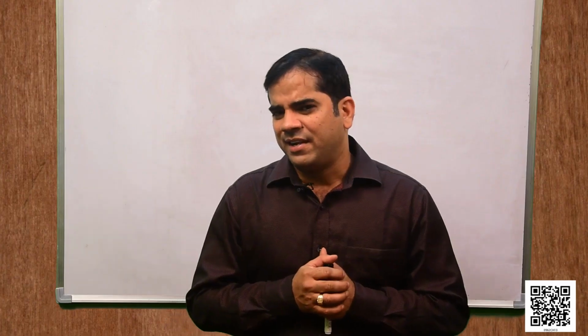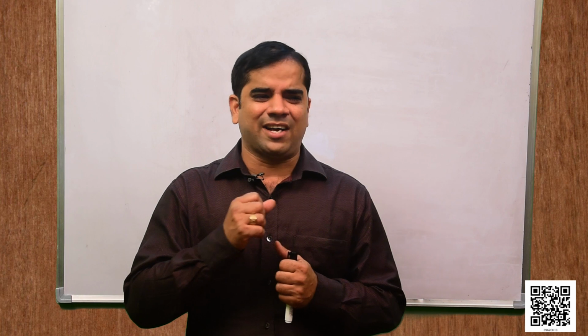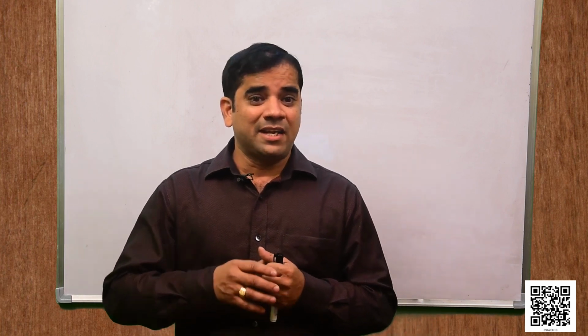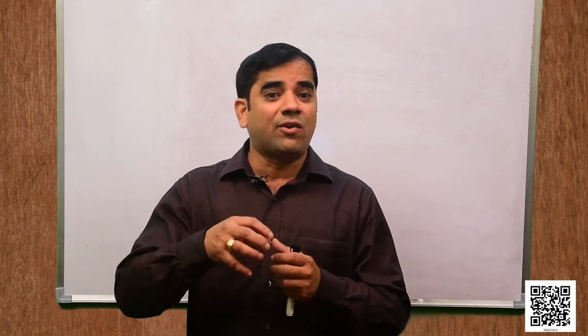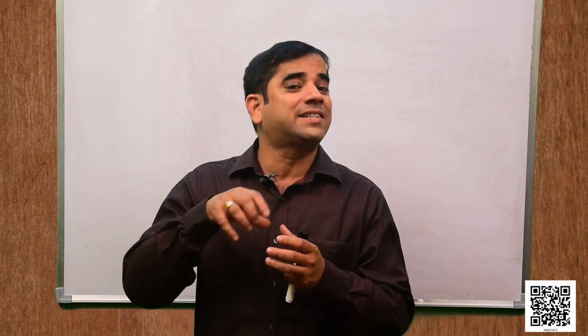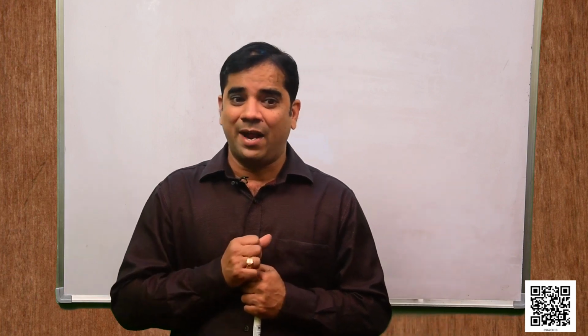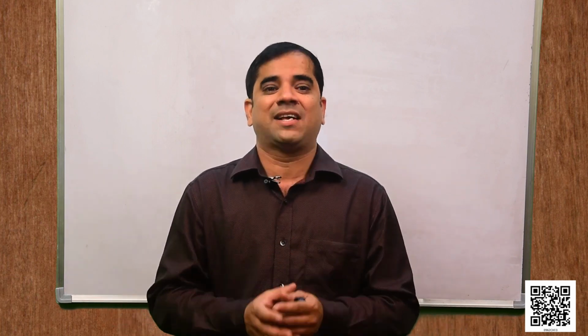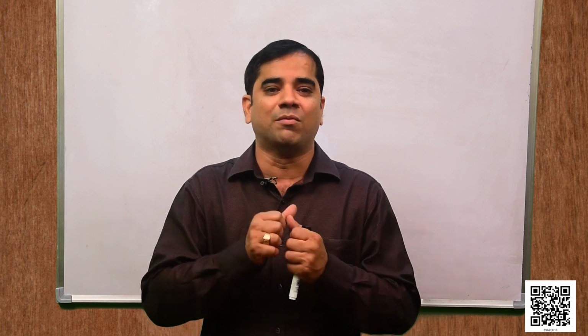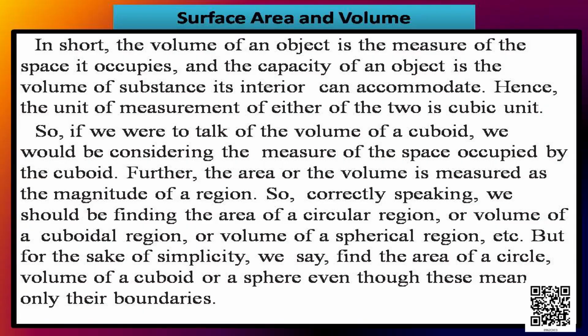For example, if I take a glass, the amount of water or liquid that can be held inside the glass is the capacity of the glass, but the amount of space the glass occupies is called the volume of the glass. Hope you understand. Students, the unit of measurement of either of the two is cubic unit. That means it is cubic unit for volume as well as capacity of the container.